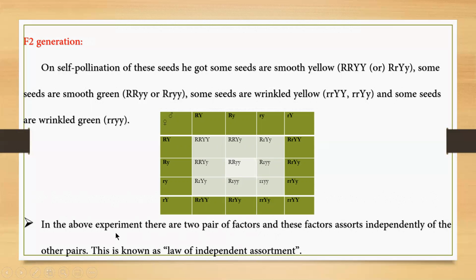In the above experiment there are two pairs of factors, and these factors assort independently of the other pairs, as we discussed earlier in the law of independent assortment. A pair of characters is present in each gamete, which fuses with the opposite gamete, and finally expresses the character that is dominant in the respective genes.